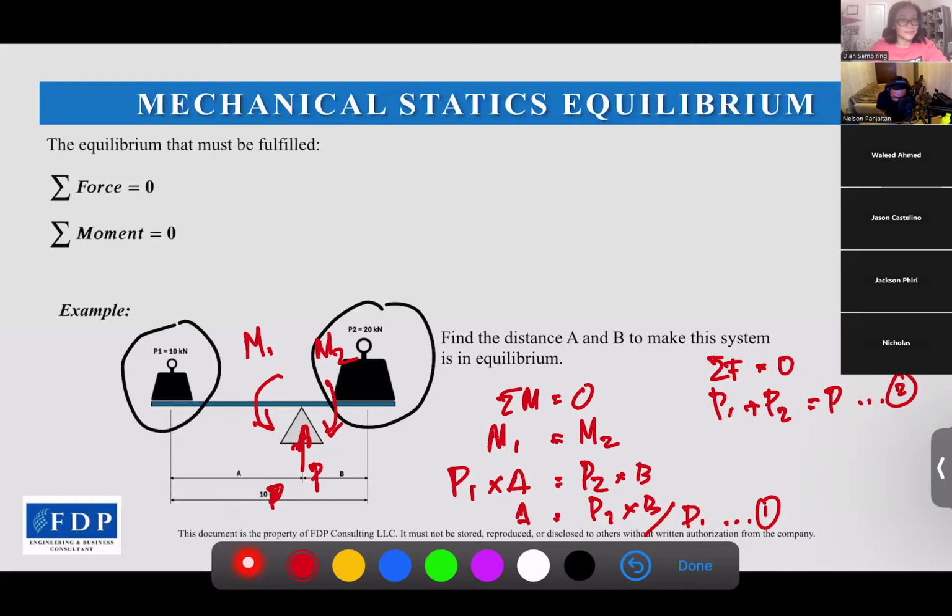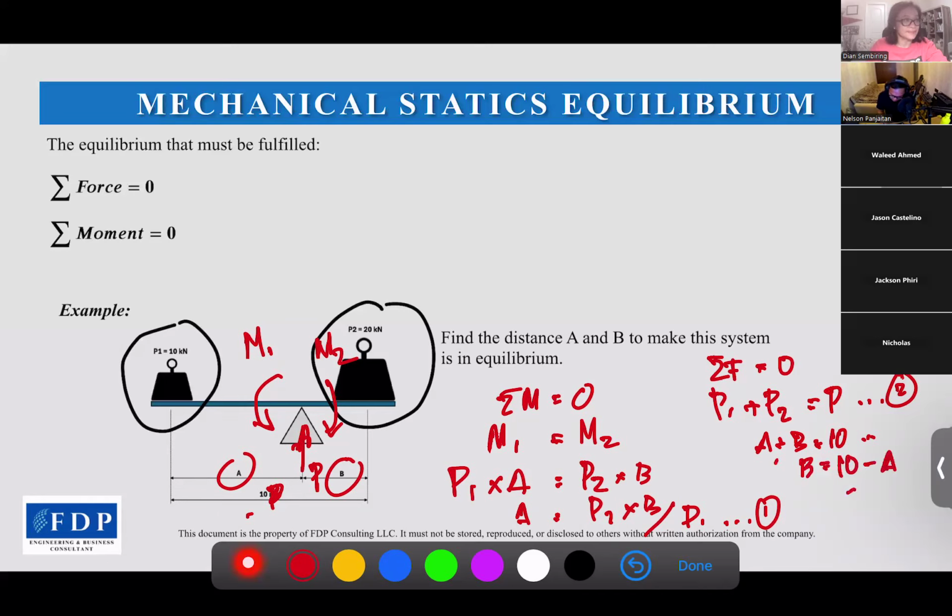And then we also have A plus B equals 10. And then B equals 10 minus A.